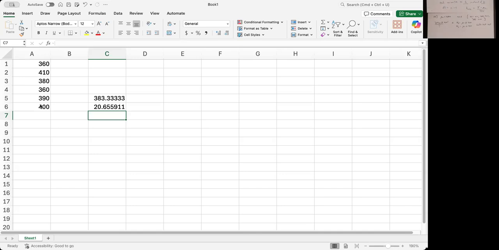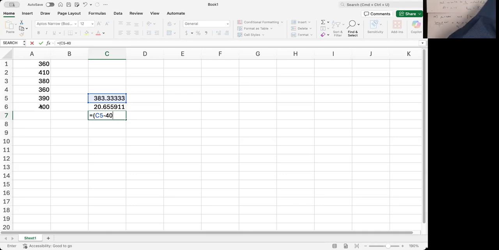And now I can do the T calculation. By the way, I don't have to do it by hand. I don't have to do it with my calculator. I can do it right here. Equals my average minus the benchmark. What was the benchmark? 400. Divided by the standard deviation, divided by the square root of how many?